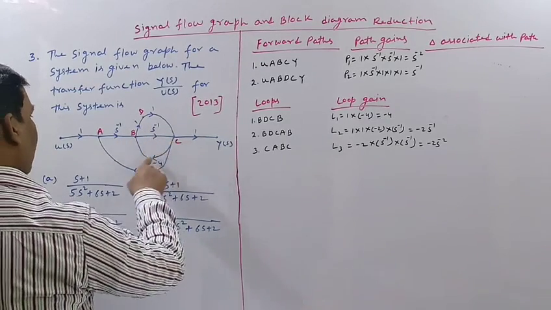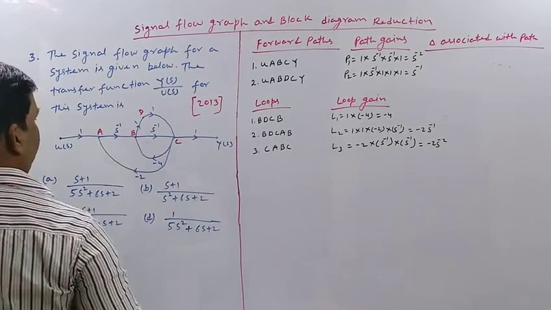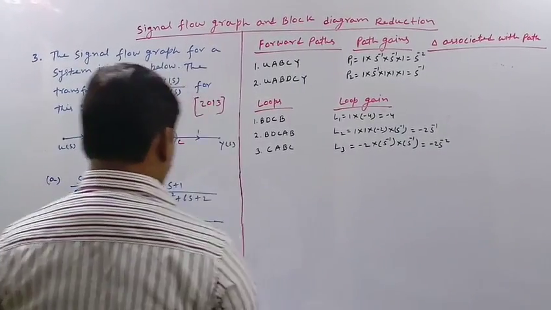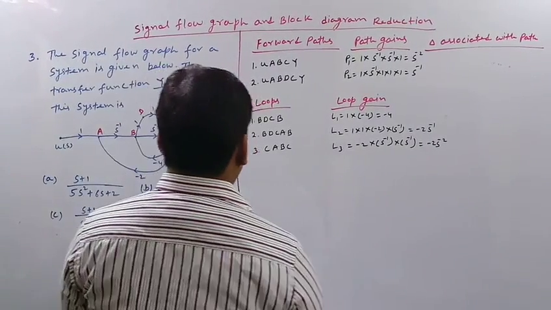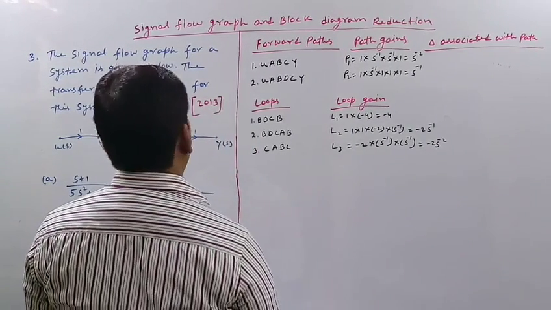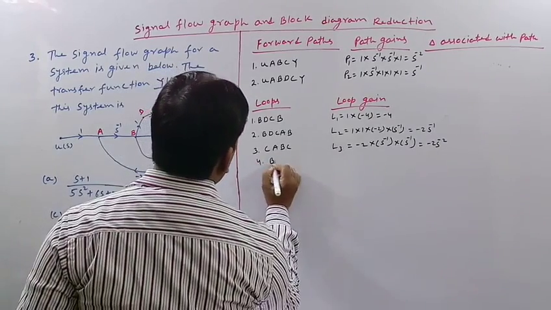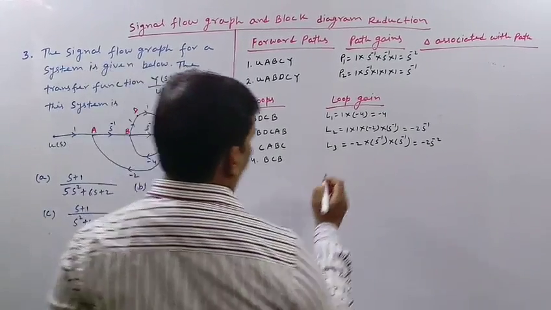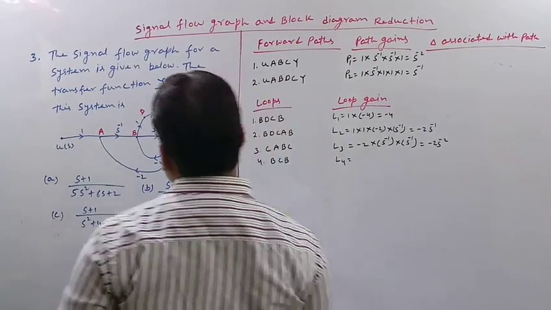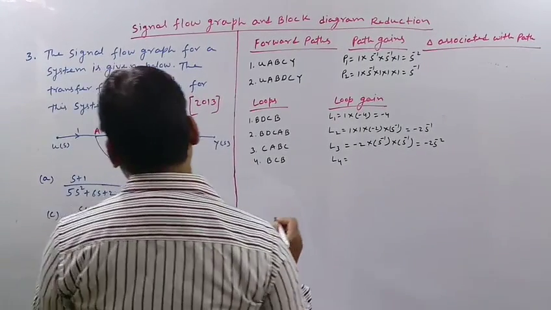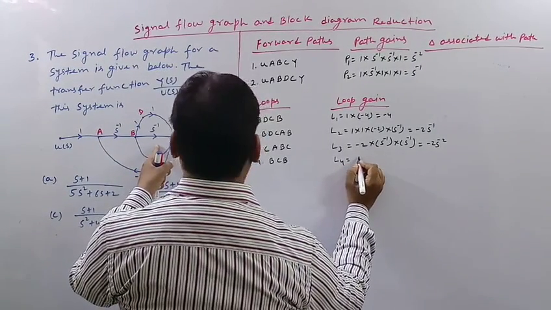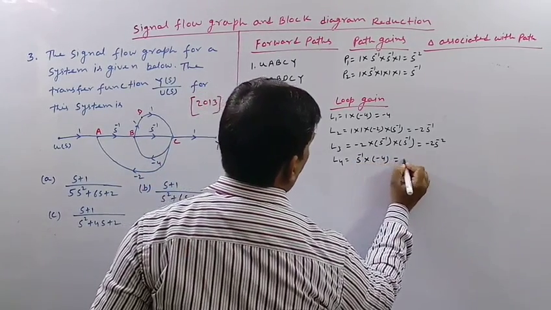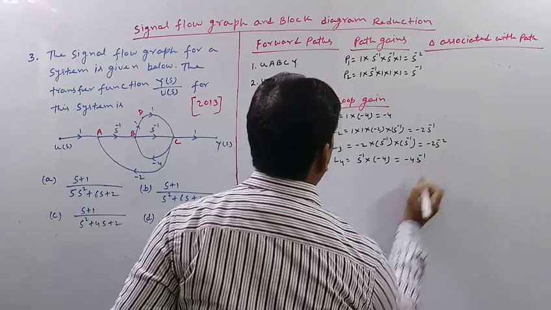Another loop is B, C, B. So the fourth loop is B, C, B. The loop gain will be s to the power minus 1 multiplied by minus 4, so it will be minus 4 s to the power minus 1.